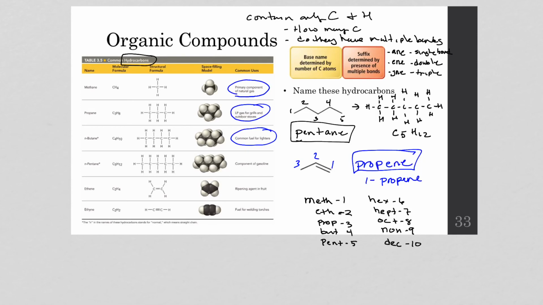We can have some that have double bonds like ethene, which is put out by fruit when it ripens. You could have triple bonds, ethyne, which looks like this, and this is used in welding.